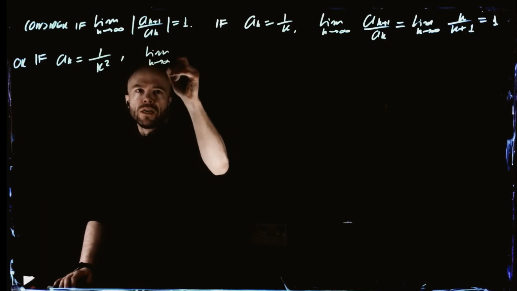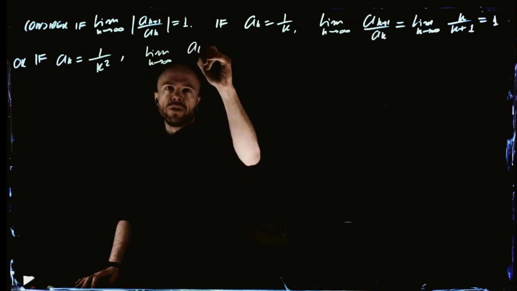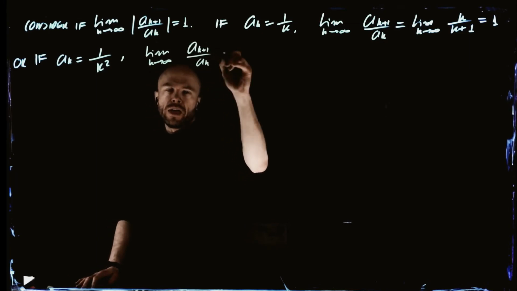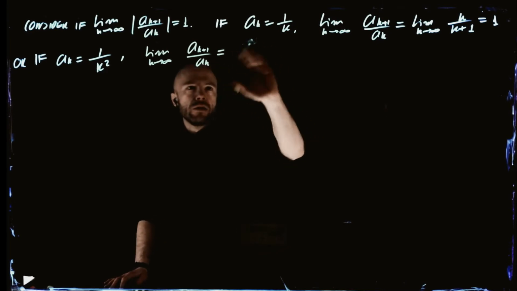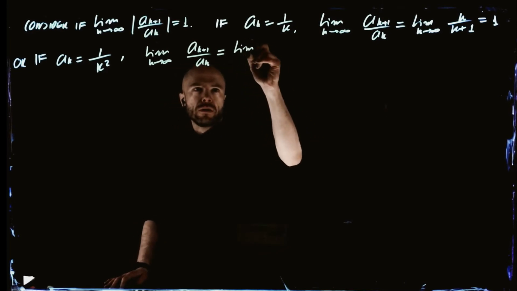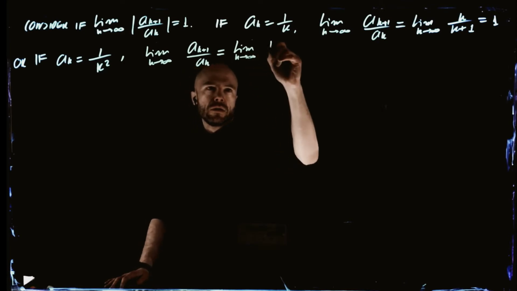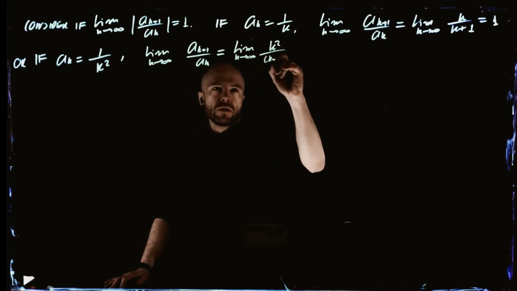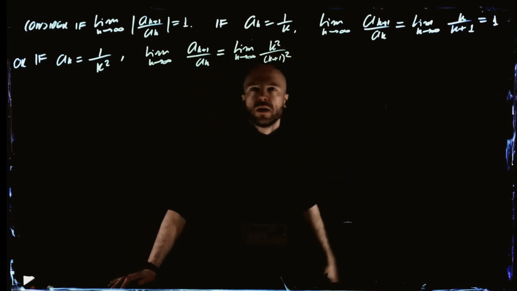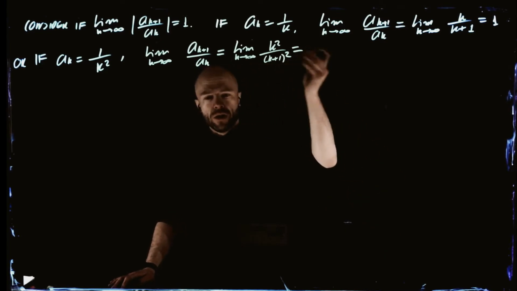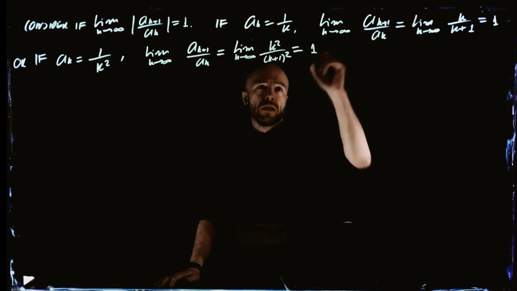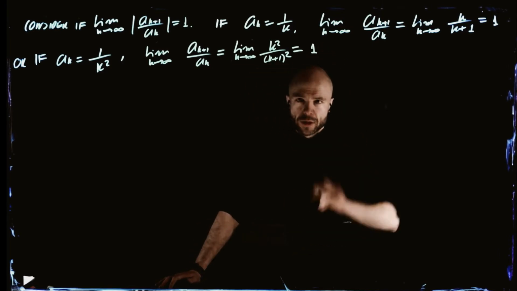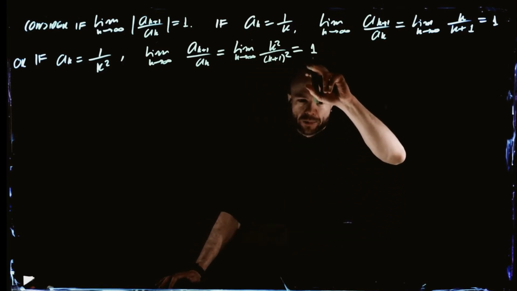the limit as k goes to infinity of a_{k+1} over a_k is going to be the limit of k squared over (k plus 1) squared. And again, as you know, we factor out the k's from the bottom, and then the limit will be equal to 1. Are you all happy that the limit of this is 1, or should I expand on it?